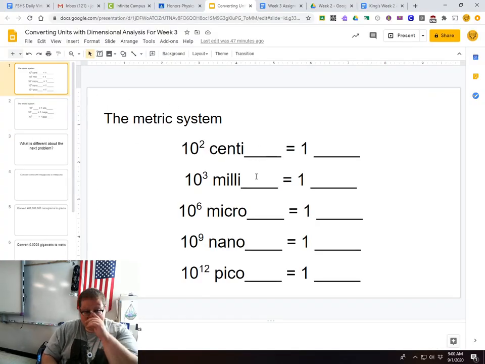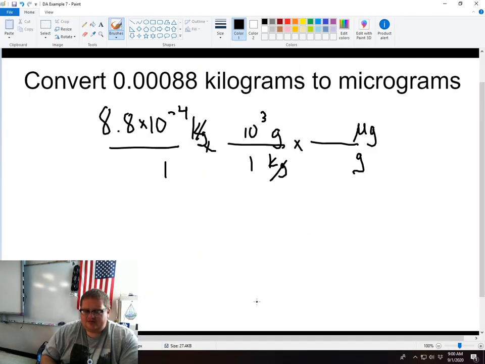On this one, it says there are 10 to the 6th micro equals 1 gram. So 10 to the 6th goes beside micro, regardless of whether it's in the top or bottom. It's in the top, so 10 to the 6th goes on top, and 1 goes on the other side. Let's cancel again. We got grams canceled, and I think that's it. So I know I'm done setting up because I have the unit I want.